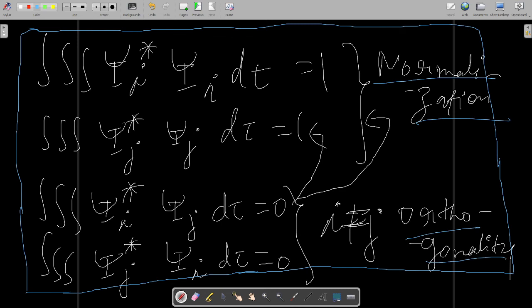So if normalization and orthogonality both hold together, that means all the four equations are satisfied. In that condition, it is called the orthonormal condition, and this orthonormal condition is denoted like this.